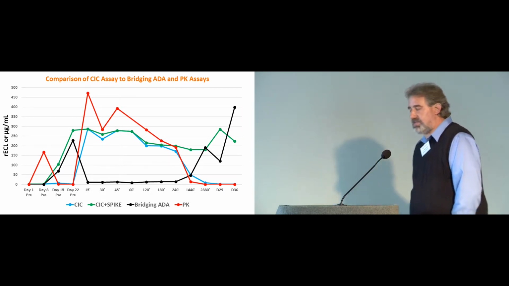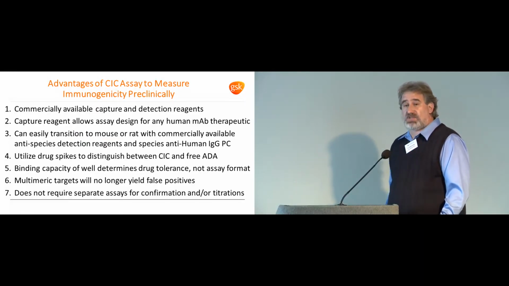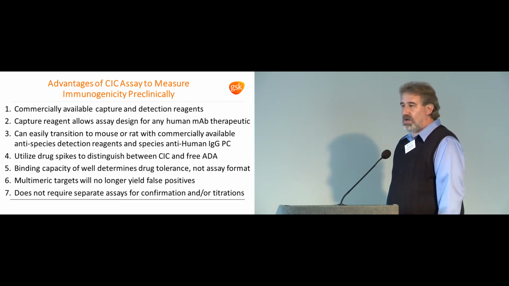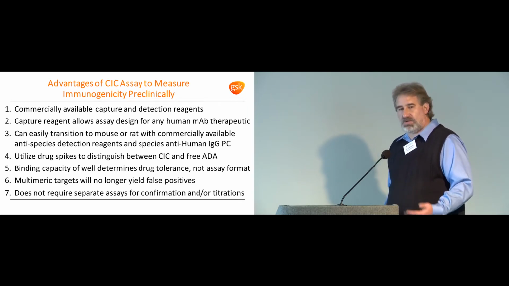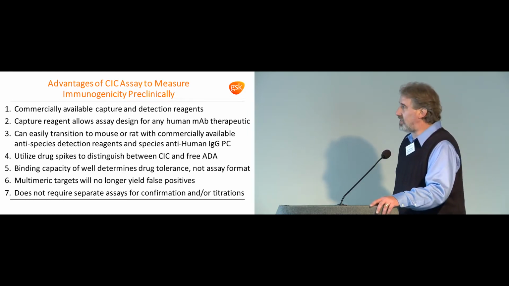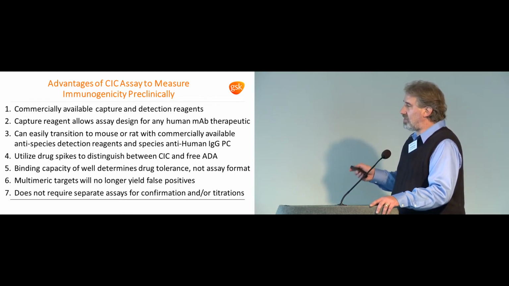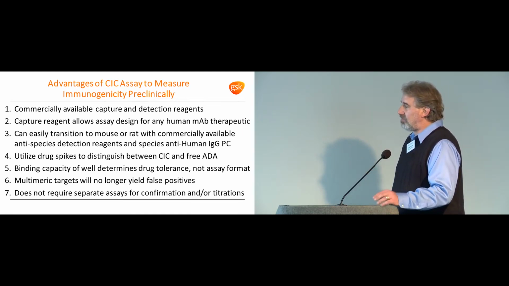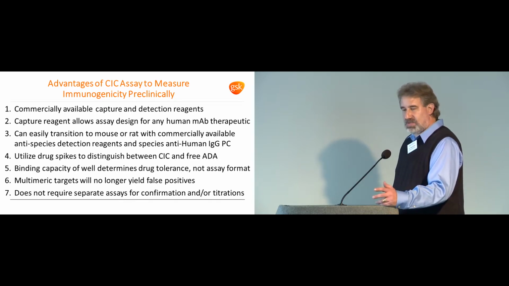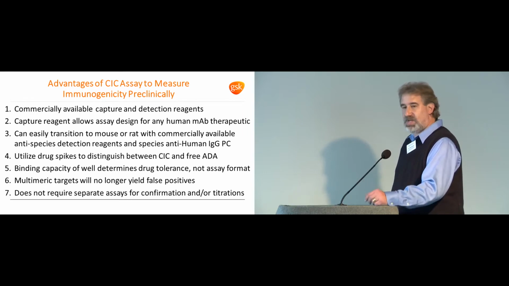So what are the advantages of this assay? Well, one, having commercially available reagents is certainly always handy to have. Every monoclonal therapeutic that we come across, we have to biotinylate and tag to derive our own ADA bridging assay. Number two, by using an anti-human IgG capture, this assay format can be used as a plug-and-play approach for any humanized monoclonal that comes down the pipeline.